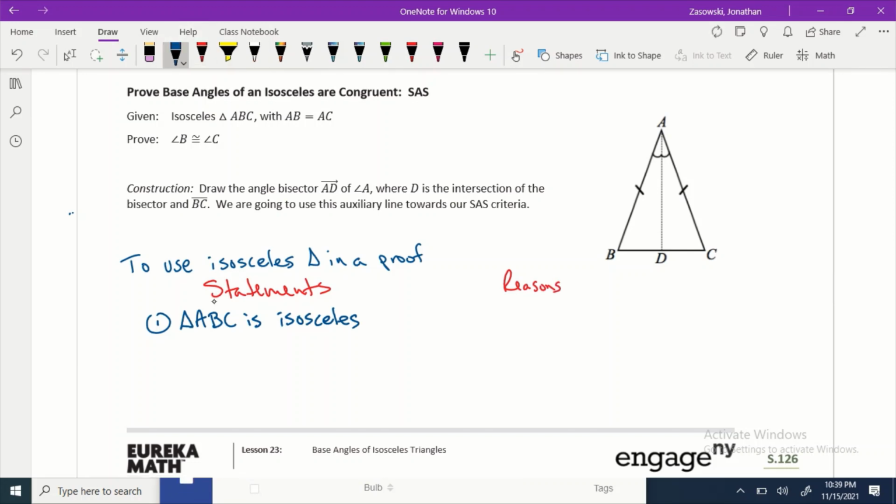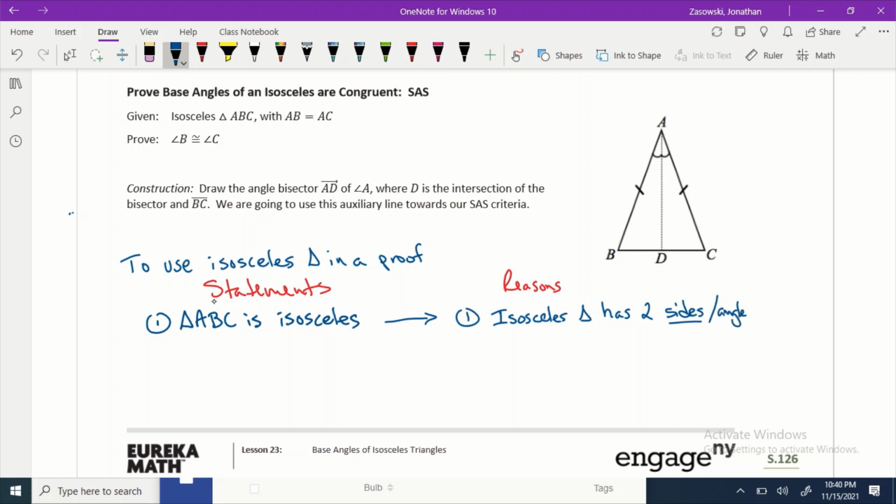All right. Now, when you say that it's an isosceles triangle, you're either going to know that there are two sides equal or two angles equal. So you're just going to say that an isosceles triangle has two sides, or angles.